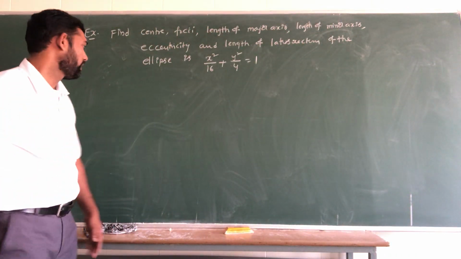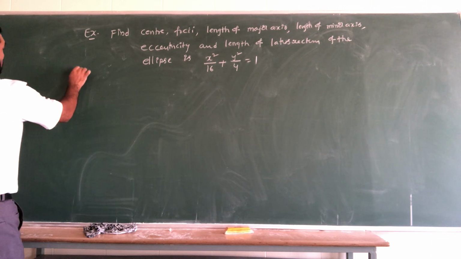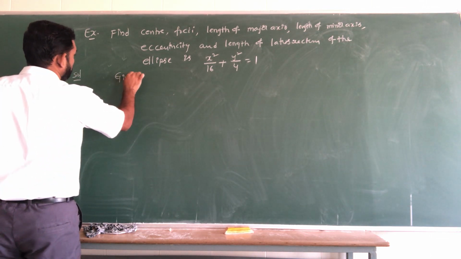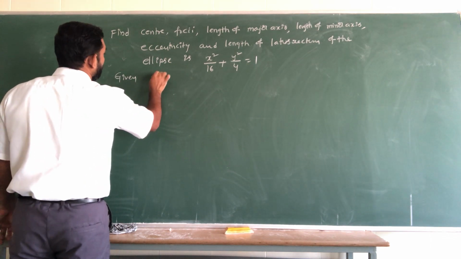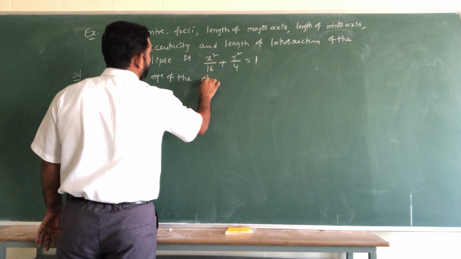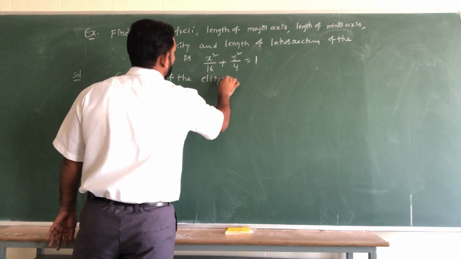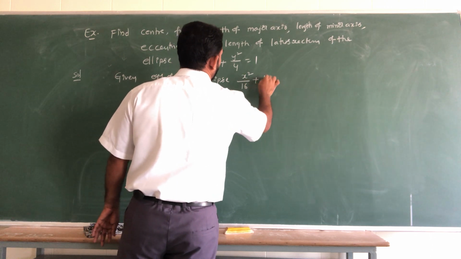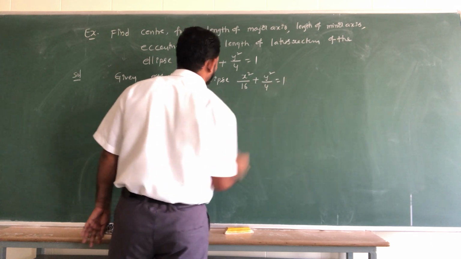Listen carefully. See the solution. Given equation of the ellipse: x square by 16 plus y square by 4 equal to 1.